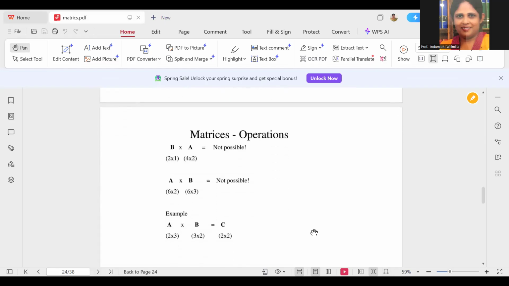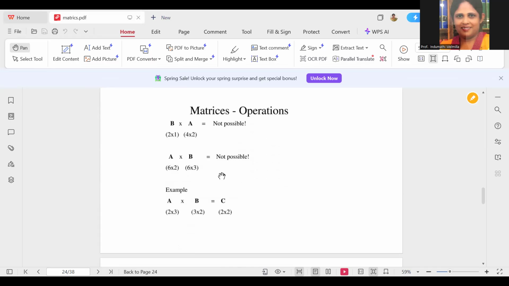Here, go through this one. Just think of the matrices according to the given sizes. The first matrix has 2 rows and 1 column.